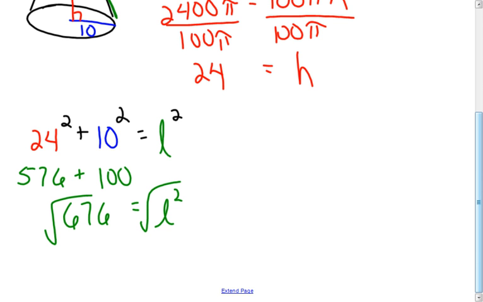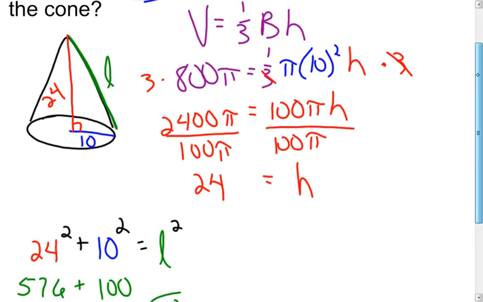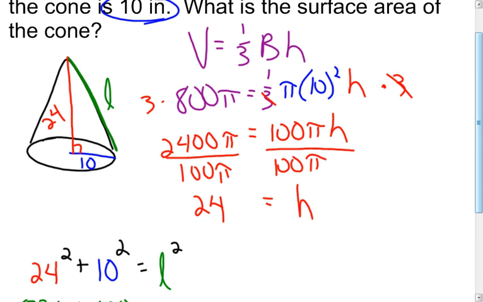So I will find out that L, or the slant height, is going to be equal to plus or minus 26. Now, being this is the length of the slant height, that negative value isn't going to come into play. Come back up to my picture, and now I know this piece is 26.